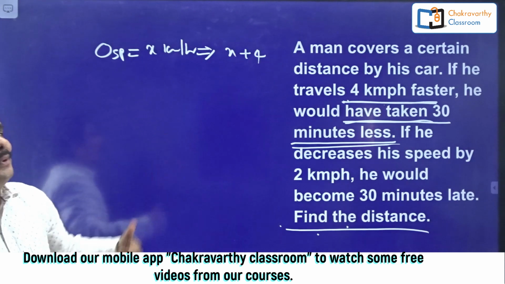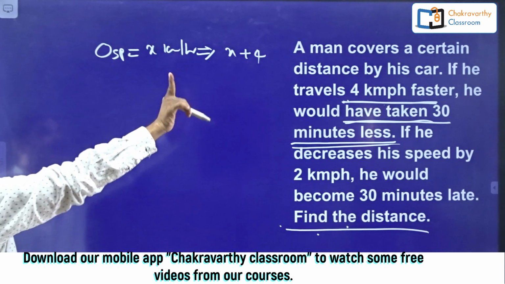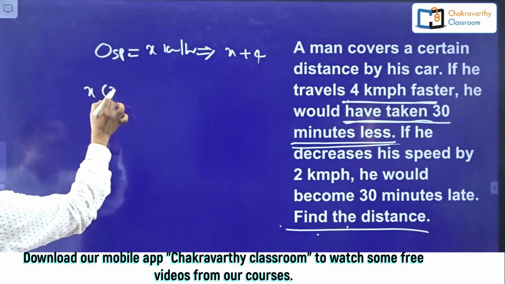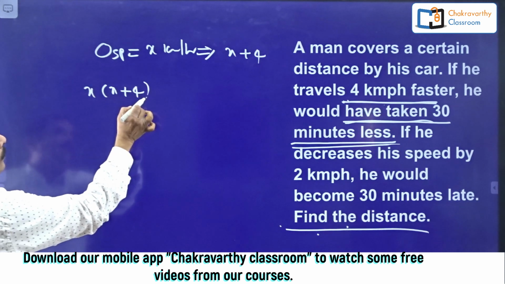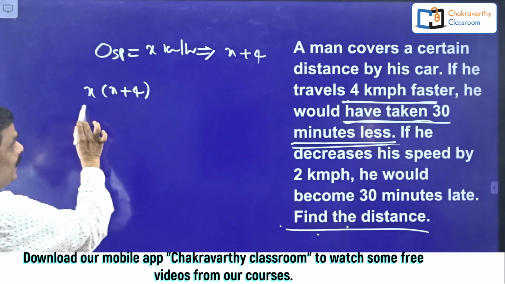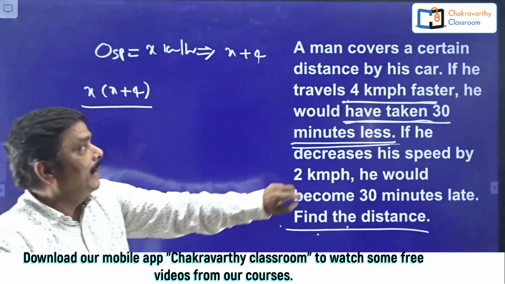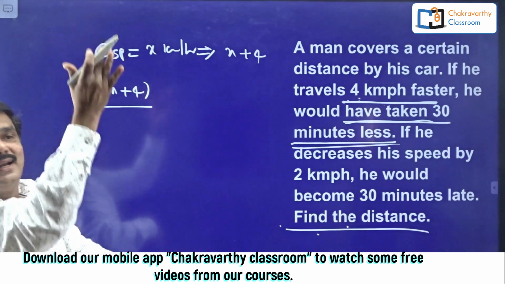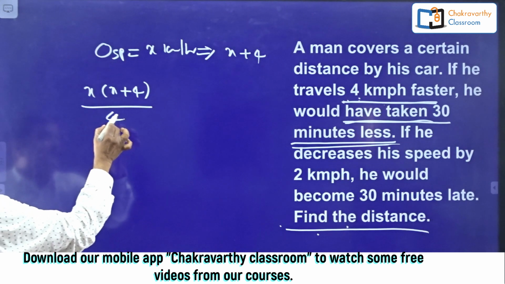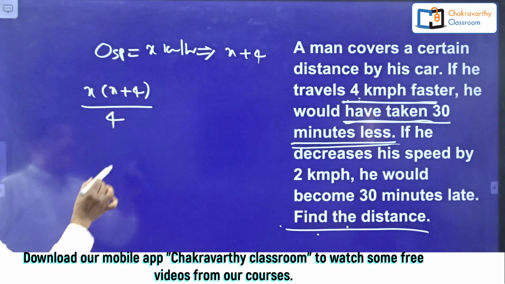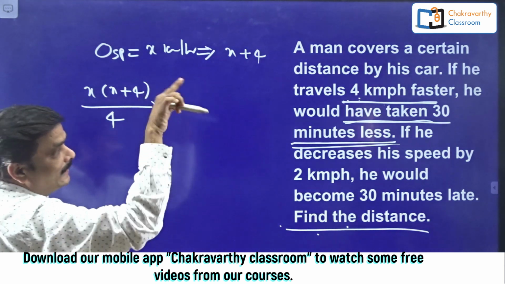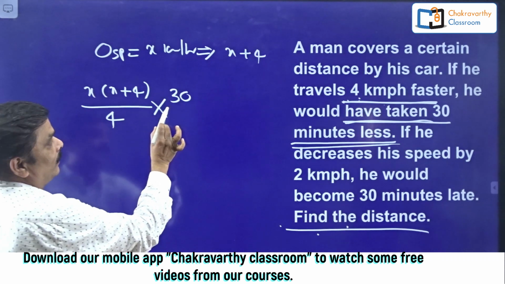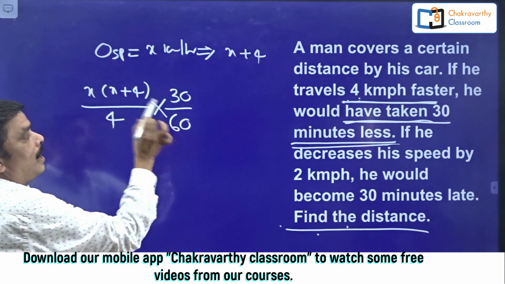Now apply the formula here. Distance is equal to product of the speeds, x into x plus 4, divided by difference in speeds, 4 kilometers per hour, into difference in timing, that is 30 minutes. I am just converting that to hours.